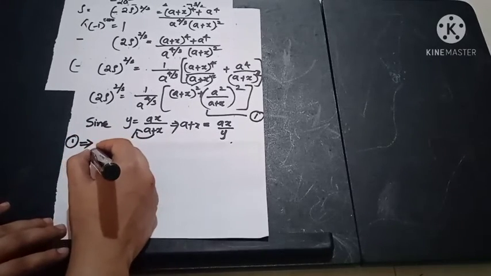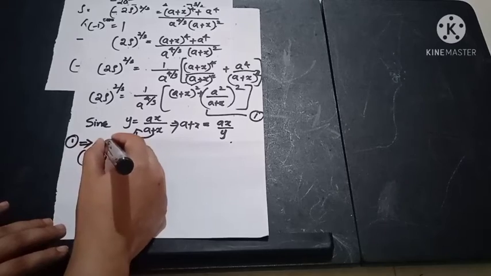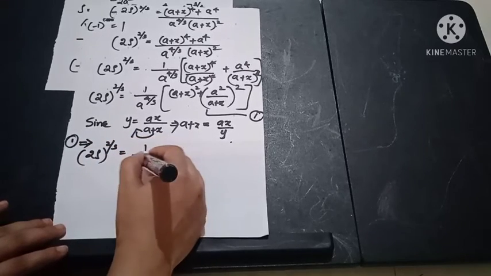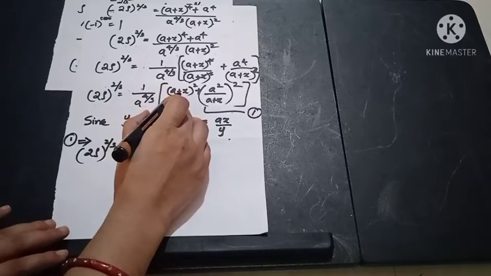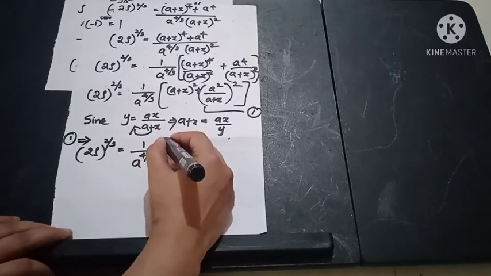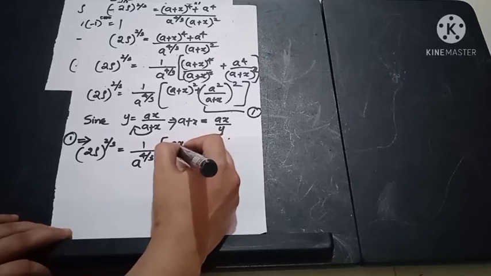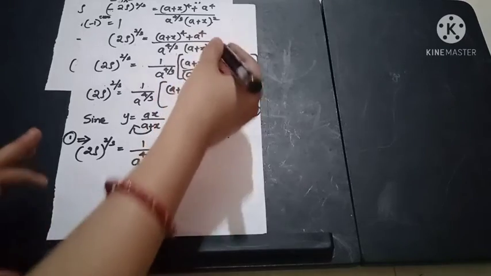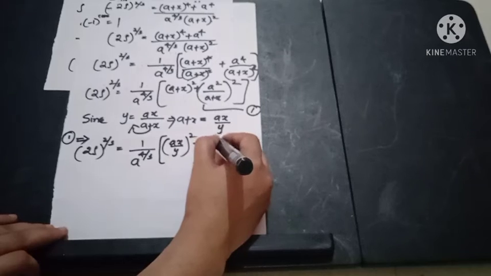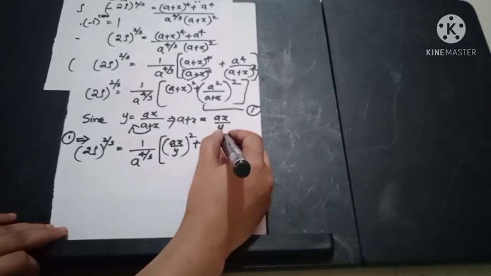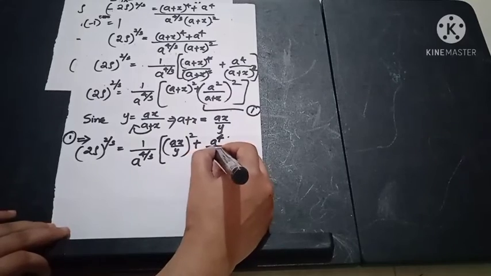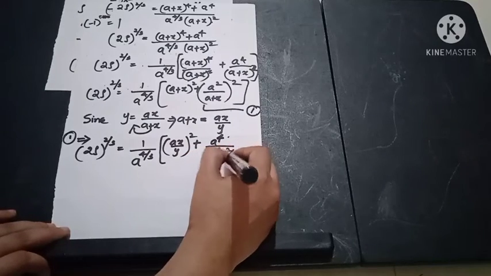What happens to equation 1? Equation 1 becomes (2ρ)^(2/3) equal to 1 over a^(4/3); we substitute a plus x as ax by y. So (ax by y) whole square, plus a^4 by (a + x)^2 is a^2 x^2 upon y^2. So a^2 cancels with the square, and this is a^2 upon x^2 by y^2.